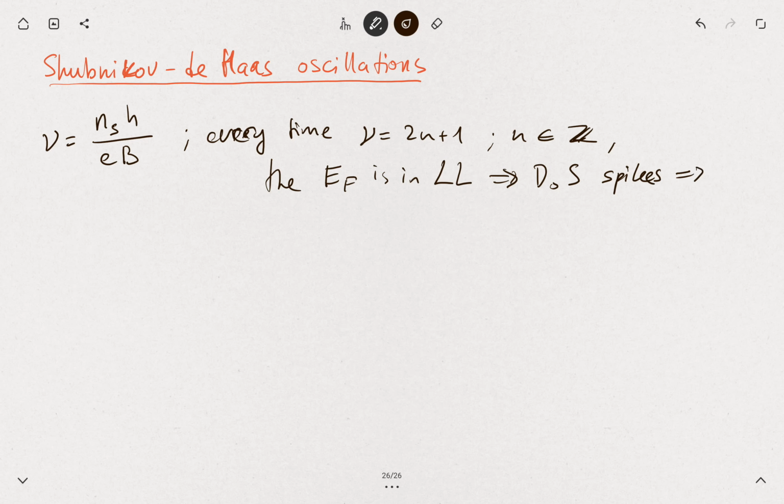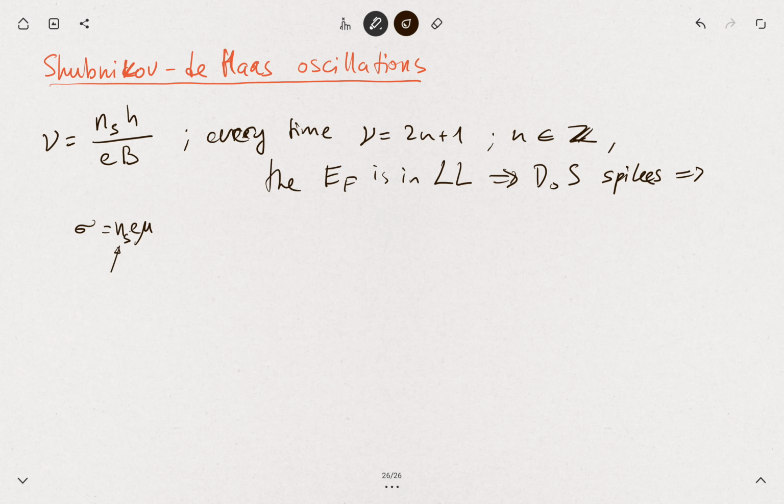And what would that mean? If we use just a naive Drude model, we have our conductivity, sigma equals n_s e mu. So you will have oscillations in the conductivity, because I was using actually n_s.